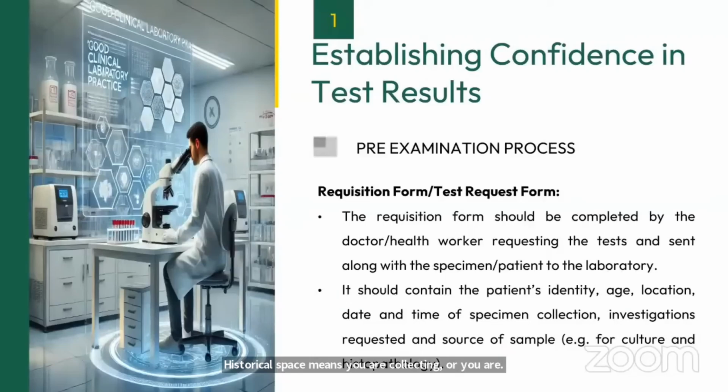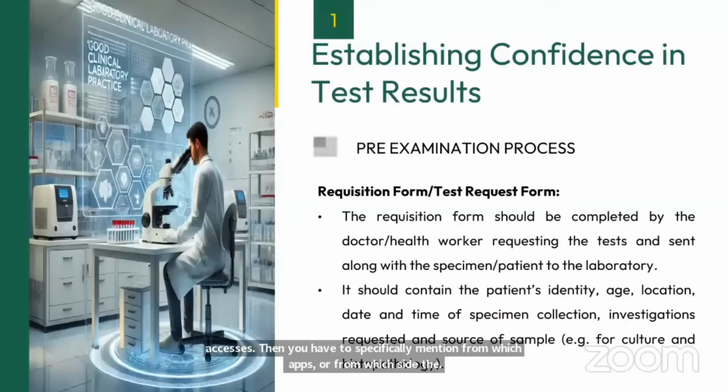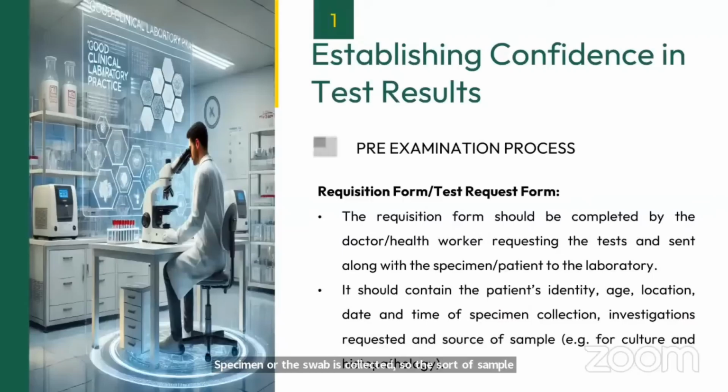There are groups of lymph nodes, so right lymph node, left lymph node, vertical group of lymph nodes, horizontal group of lymph nodes. If you are collecting specimens or swabs from abscesses, and the patient has multiple abscesses on his body, then you have to specifically mention from which abscess or which side the specimen or swab is collected. So the source of sample must be included for certain types of specific investigations.